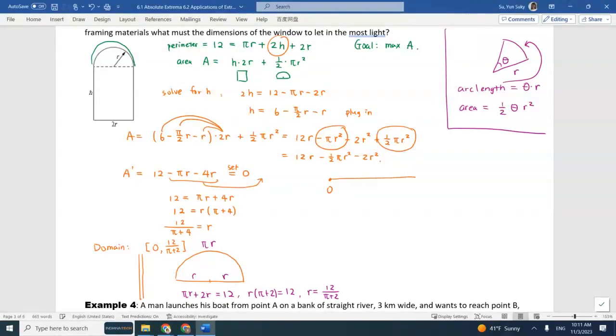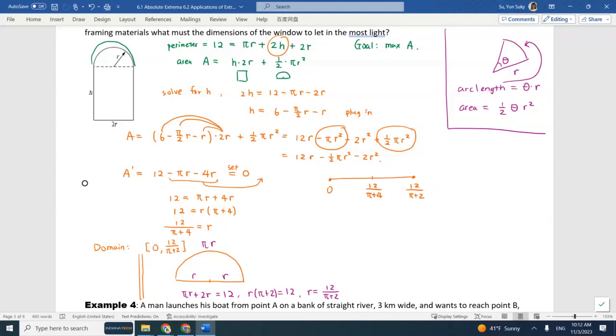So it could be 0, it could be 12 over pi plus 2, and you see 12 over pi plus 4 is between them? Yes, because bigger denominator means the fraction is smaller. Yeah, everybody?